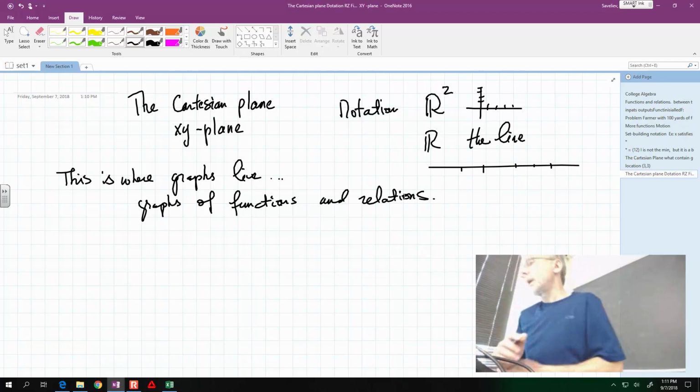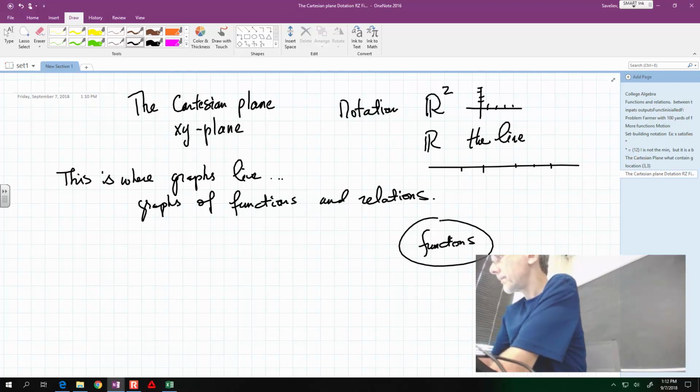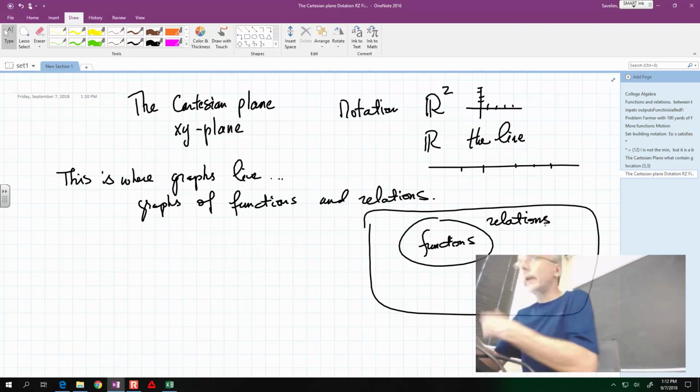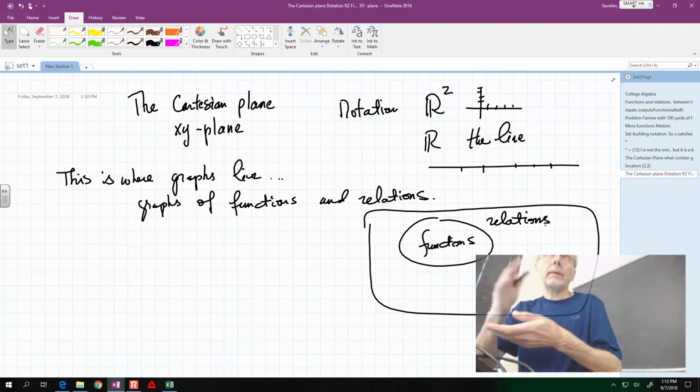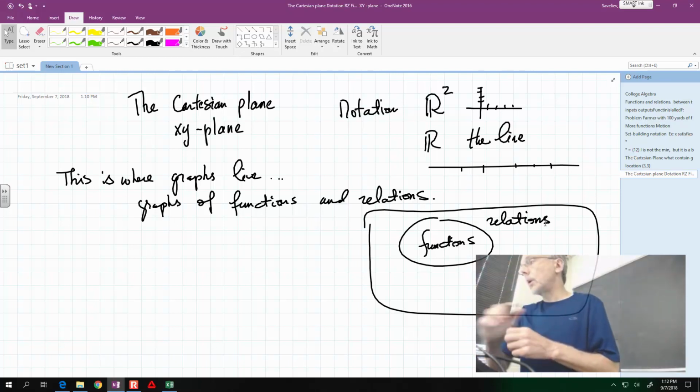Just to refresh your memory, functions. And these are relations. So relations contain functions. Every function is a relation, but not every relation is a function. So we'll be specifically looking at relations that are not necessarily a function.